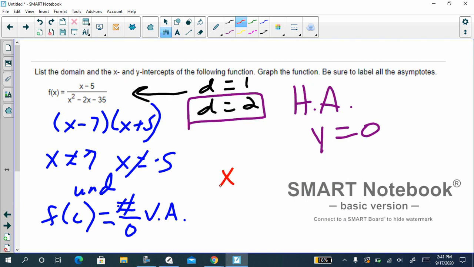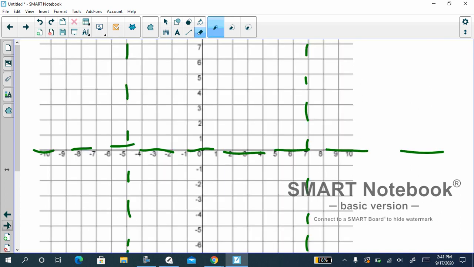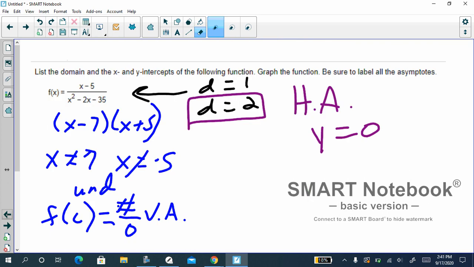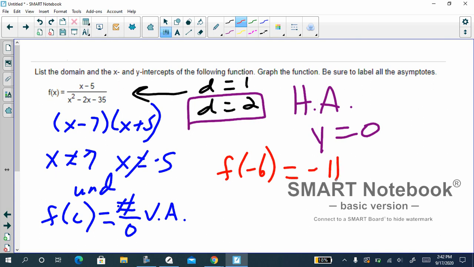So if we plug in, let's say, -6. -5 is a vertical asymptote, so let's pick something just to the left of -5, so -6. And you can do this with your calculator. If we plug a -6 in, we're going to get -11 on top. On bottom, we would get, let's see, -13 times -1.